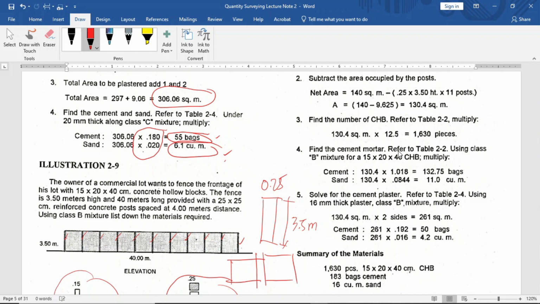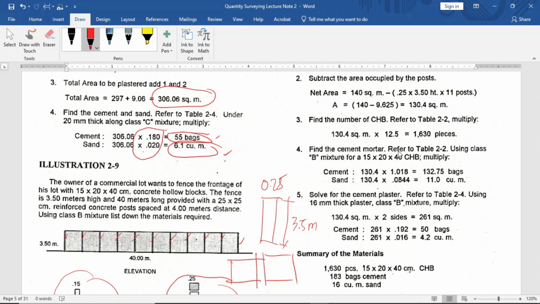So, times 11 kasi there are 11 posts. So, ang net area is 140 minus 9.625 is equal to 130.4 square meters. So, after that, find the number of CHB.